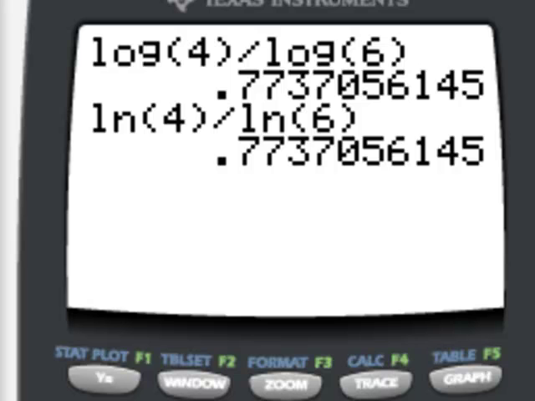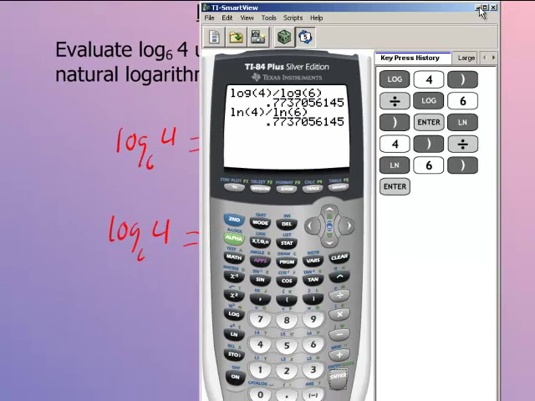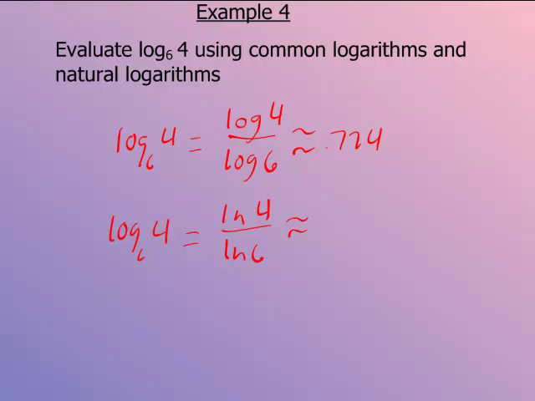And look at that. Even though I did it with a totally different log, with a different base, I had the same result. And it will work with any base. So that's a really neat thing. So thus we get the same thing, approximately equal to 0.774. Anyway, that's how you apply properties of logarithms.